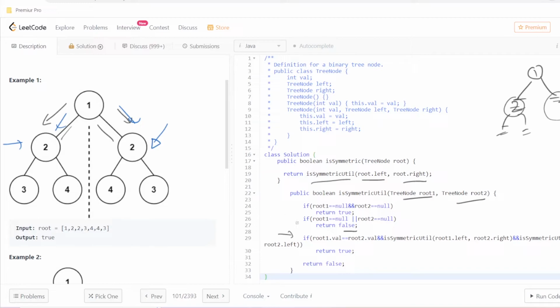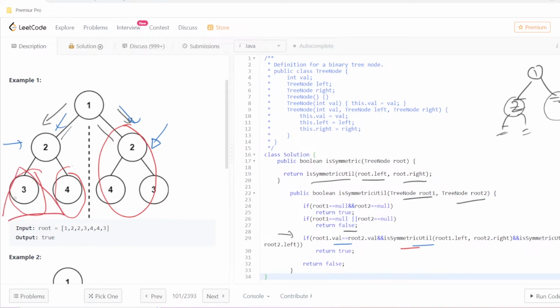Okay. So once we reach this point, we have to check the second condition: if the values are equal and the subtree of this left and the subtree of this right are symmetric, then we can say that this whole tree is symmetric. So whenever we call this symmetric util with root left and root right, it will again search for this subtree.